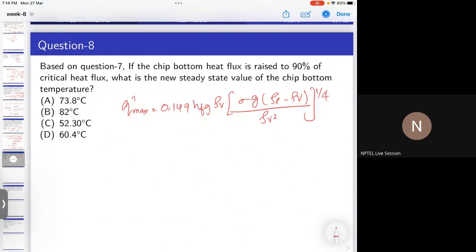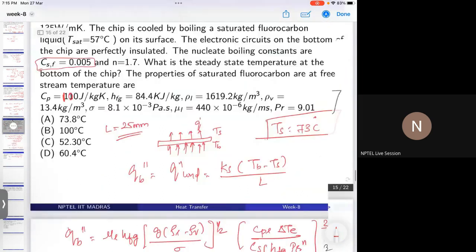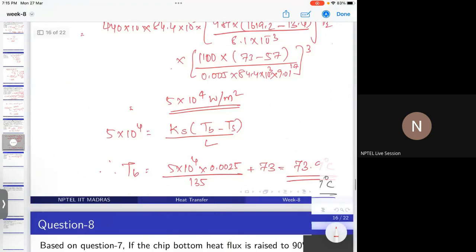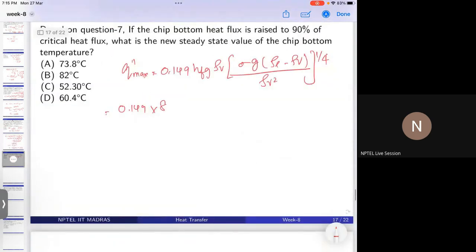So this is 0.149 into HFG. How much is the HFG? 84.4 into 10 raised to 3. Rho V is 13.4.